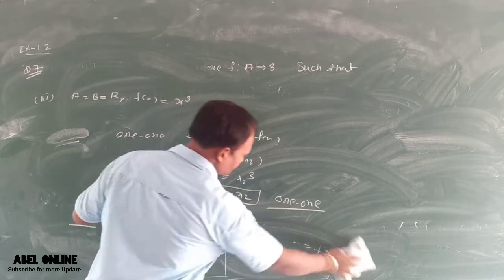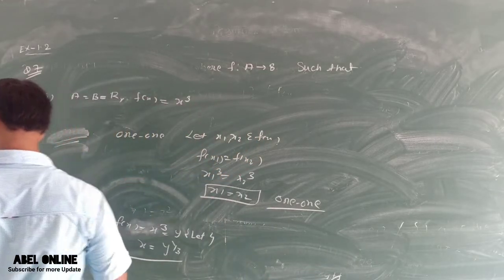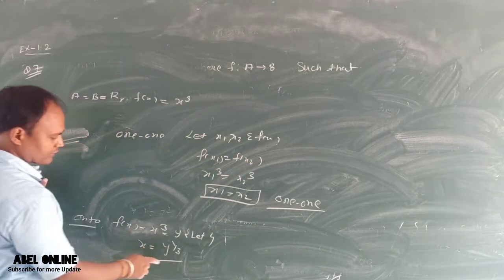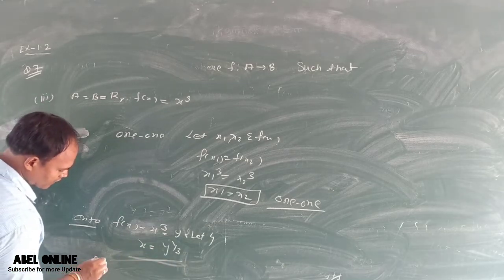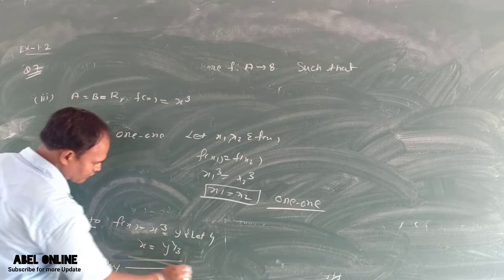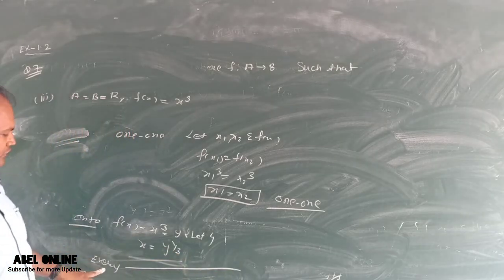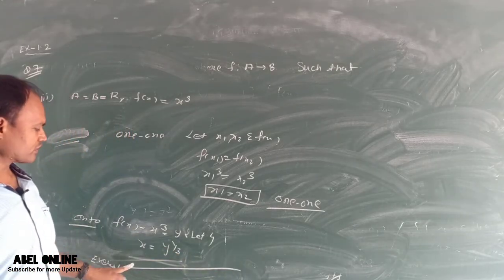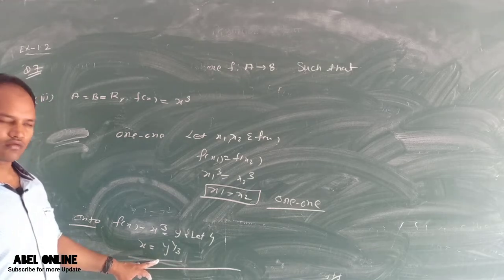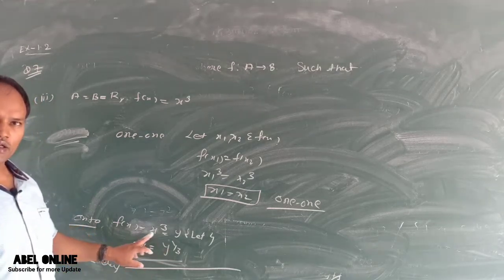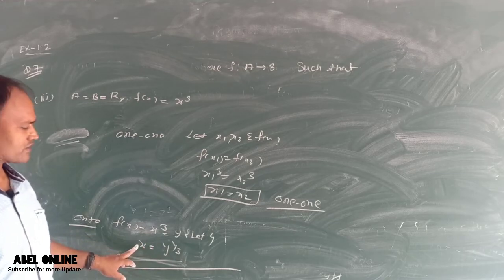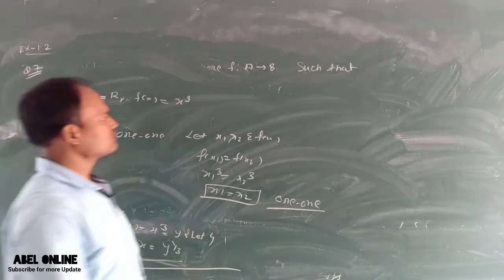Every element of y has a unique element of x, hence it is onto.